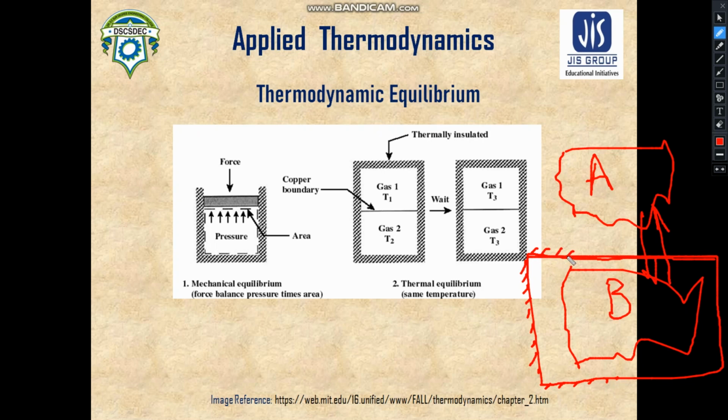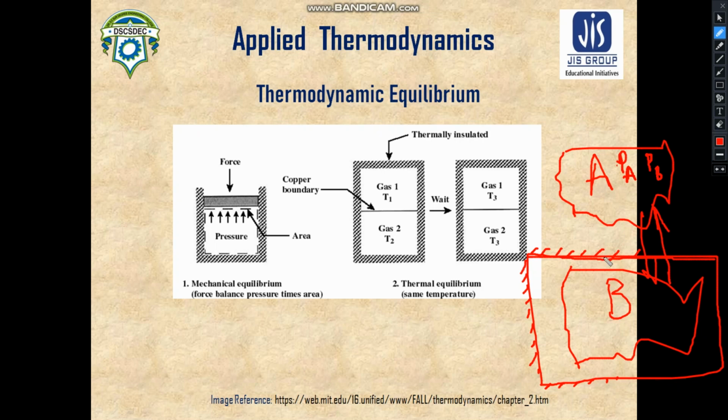So the adiabatic wall ensures that there can't be any heat flow, and no energy transfer is available here. Let us consider that the two had property values of PA and PB. We are taking two different property values because we are taking a single component, single phase system.